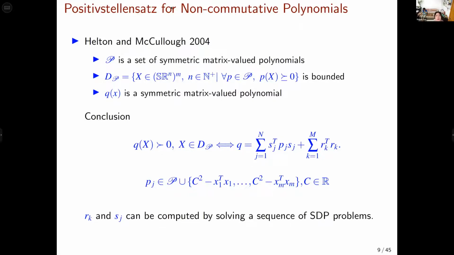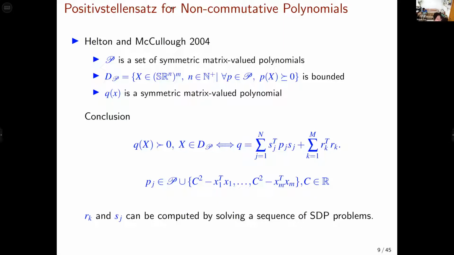We already have some well-known results for non-commutative polynomials. In 2004, Helton and McCullough proved the Positivstellensatz for non-commutative polynomials. That is, if P is a set of symmetric matrix-valued polynomials, we can define its positivity domain Dp, and we assume the set Dp is bounded.